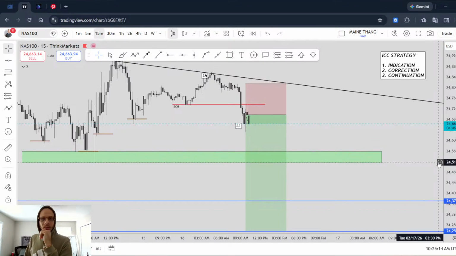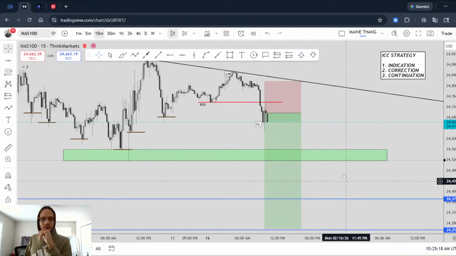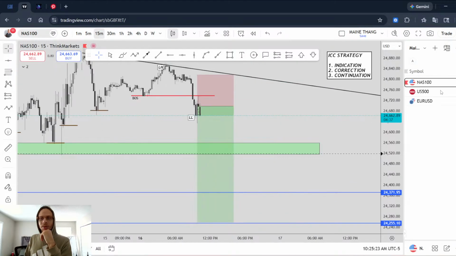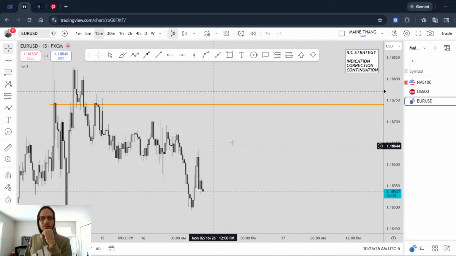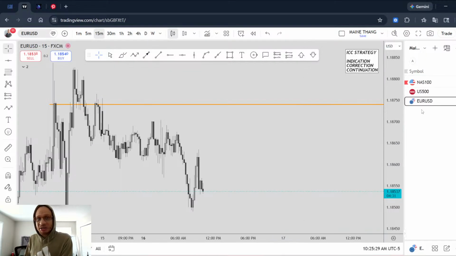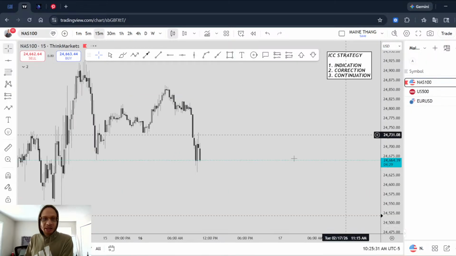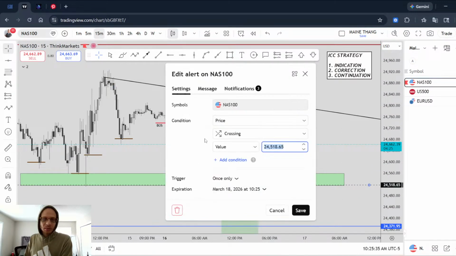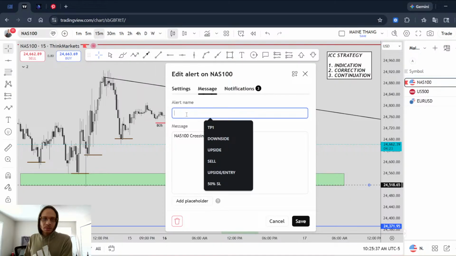Let's set an alert. Actually, let me take this alert off, because with the free version you only get 2 alerts.